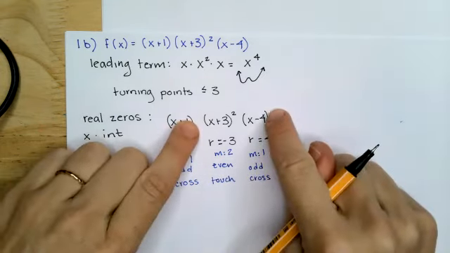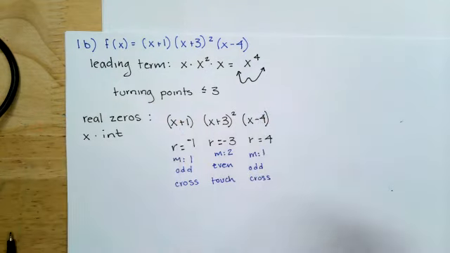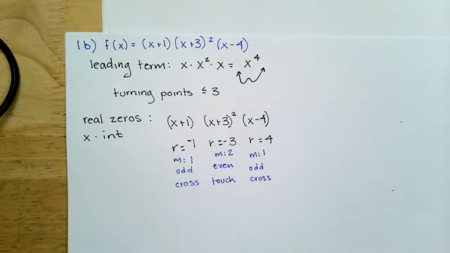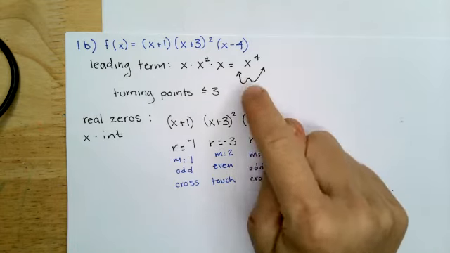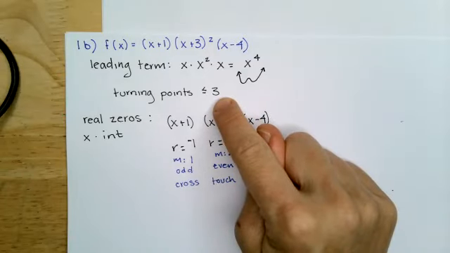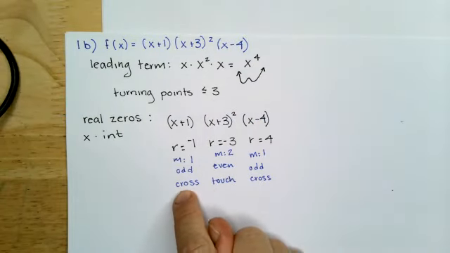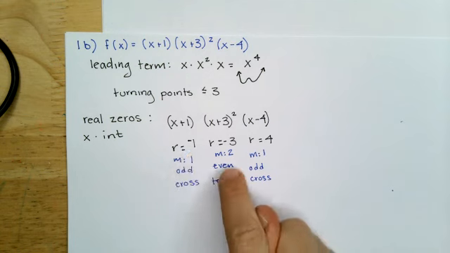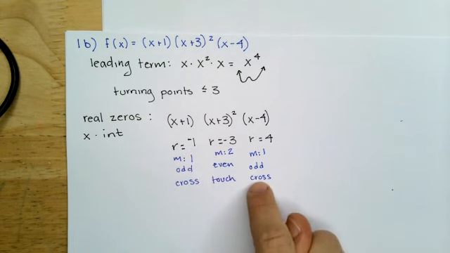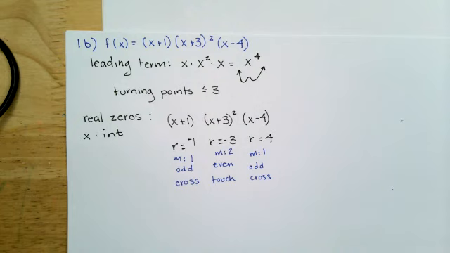And that we decided by looking up here, right? 1, 2, 1. So it's going to resemble x to the power of 4. It's going to turn 3 times or fewer. It's going to cross at x is -1, touch at x is -3, and cross at x is +4.